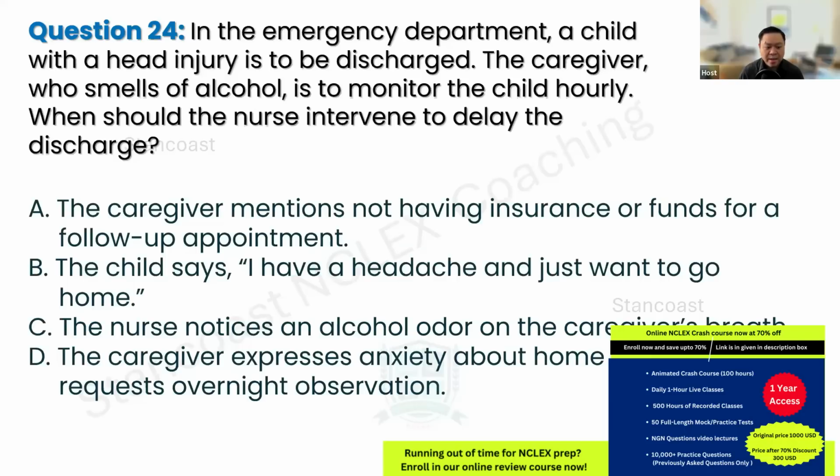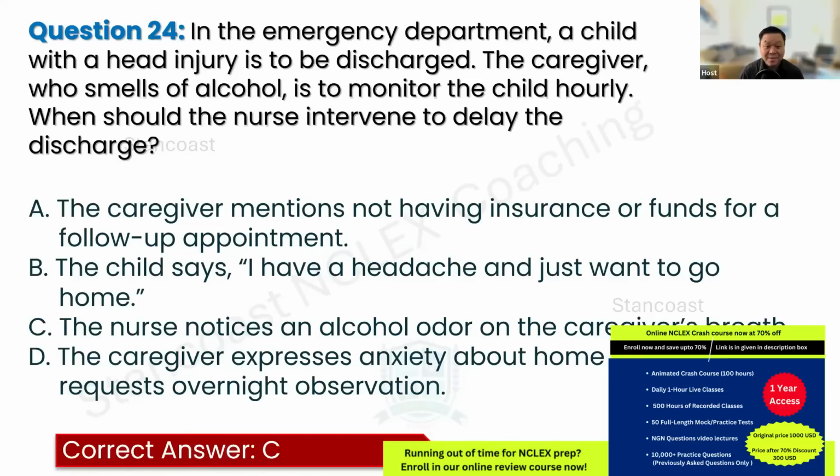The answer here is letter C, because the odor of alcohol on the caregiver suggests possible impairment, which could jeopardize the child's required hourly monitoring. Letter A is incorrect because financial or insurance issues do not justify delaying discharge, but may necessitate social service involvement.